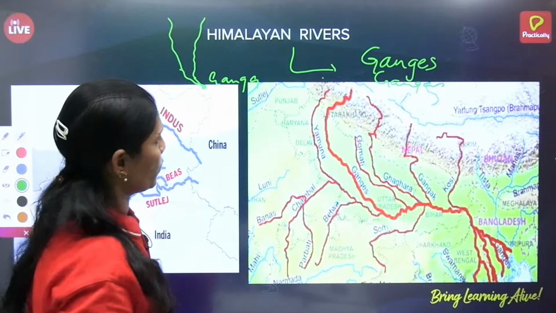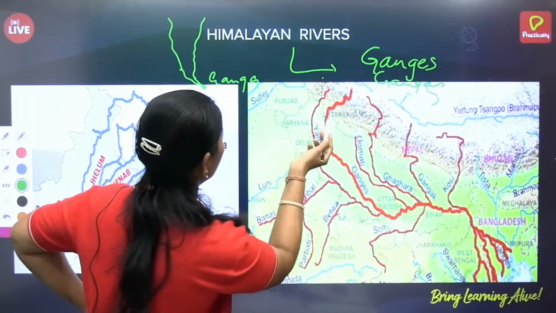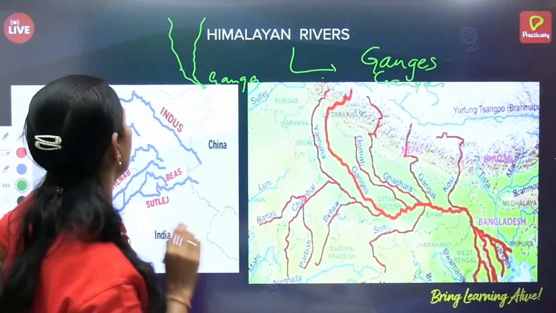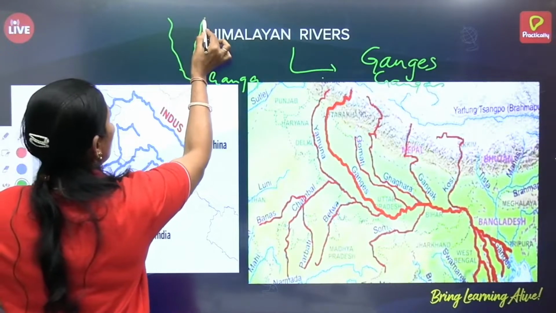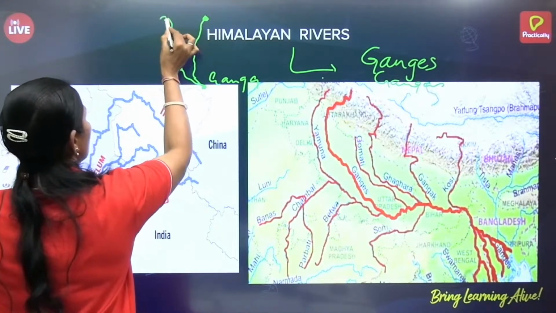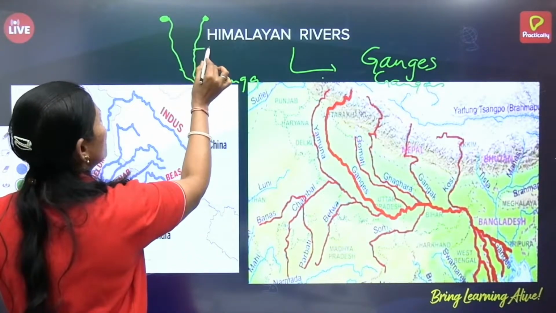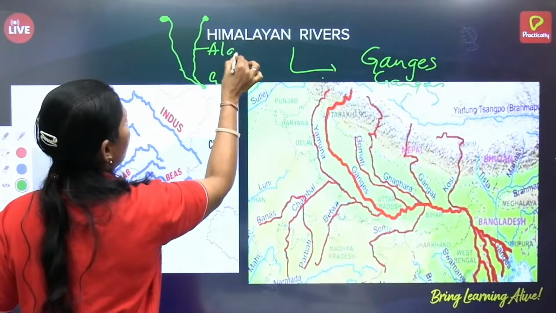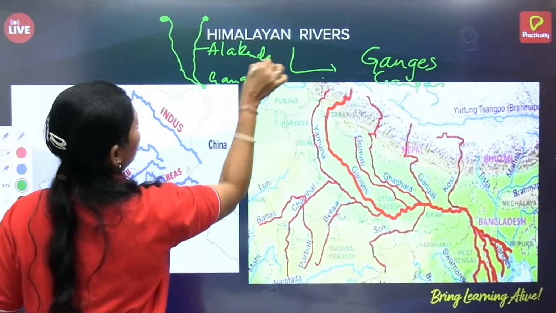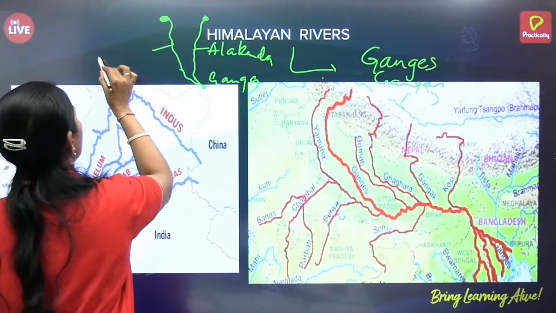In this image, one stream is from one glacier and the other is from another glacier. One stream is called Alakananda and the other is called Bhagirathi.